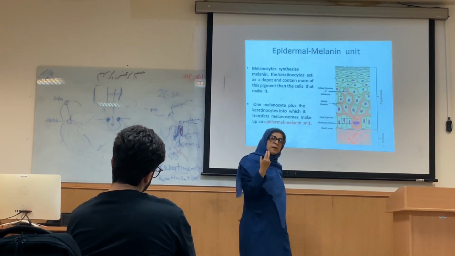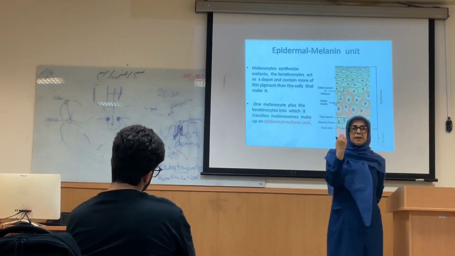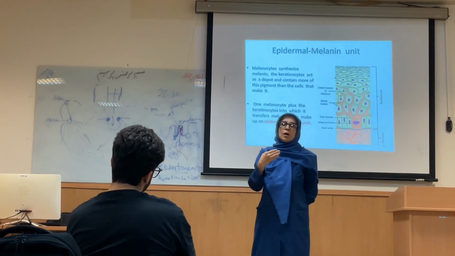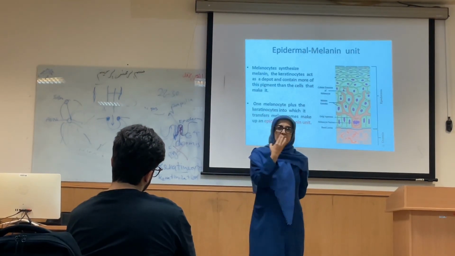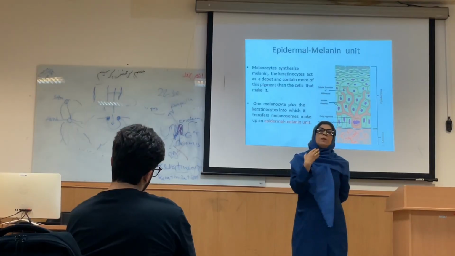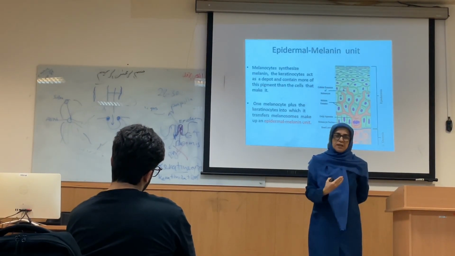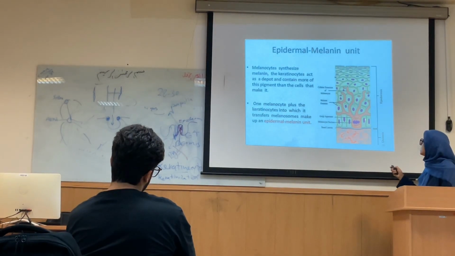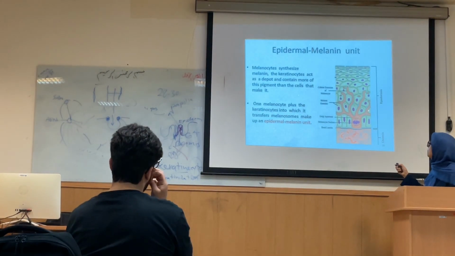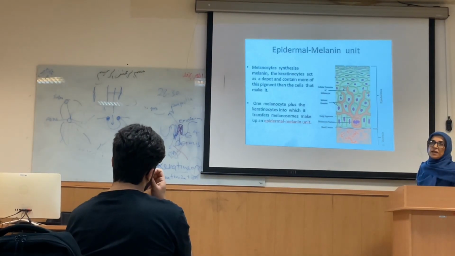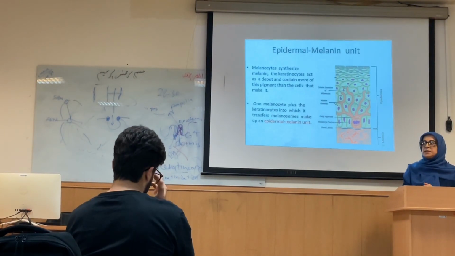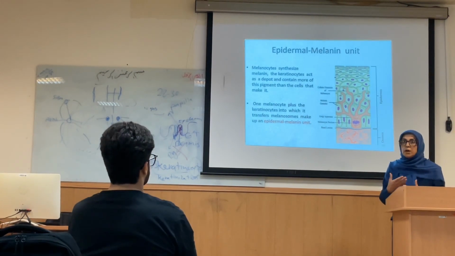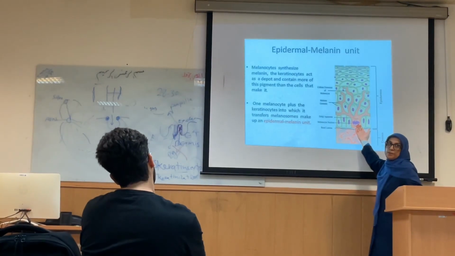Previously, we believed that a person with a darker or more colored skin had more melanocytes. But recently, by discovering this unit that includes one melanocyte plus keratinocytes, scientists discovered that a person with darker skin has more of these units.